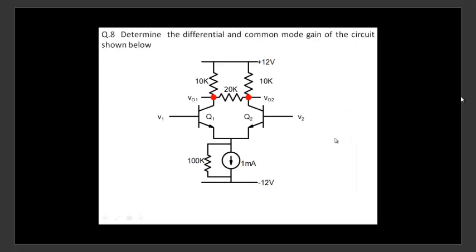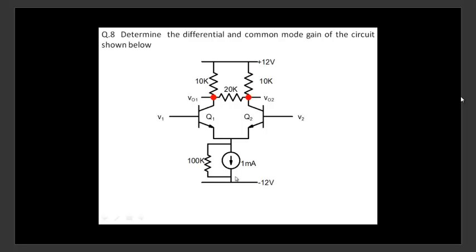Question number 8 is: determine the differential and common mode gain of the circuit shown below. So here note that we don't have an ideal current source. We have a current source, and when I put something like 100K here, what it says is the current source has a resistance of 100K associated with it.